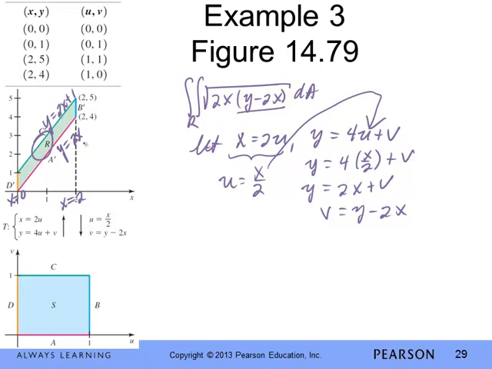So do you see how that's going to be a much simpler integral? So call this integral I. I is now going to be the happy integral. Now replace 2x. Well, 2 times x is 2 times 2u, which is 4u. And replace y minus 2x by v.